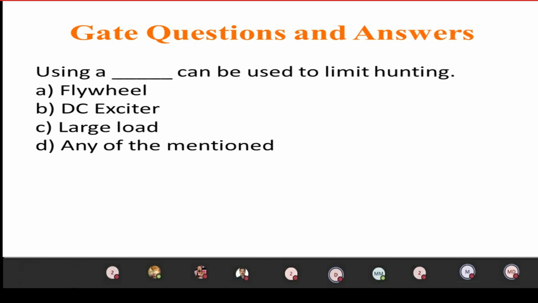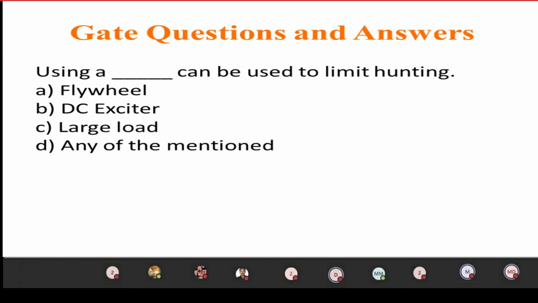Which of the following can be used to limit hunting? First thing, flywheel, so good. DC exciter, large load.